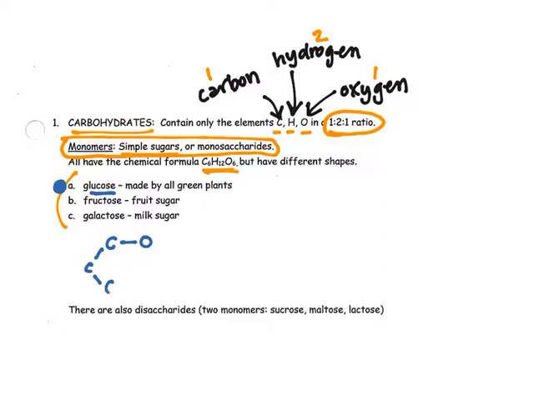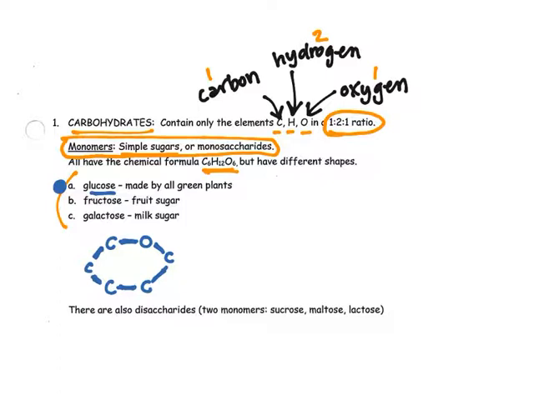We have a ring of carbons with an oxygen. And then off of this ring, we have all of our different hydroxyl groups, hydrogens, and more.